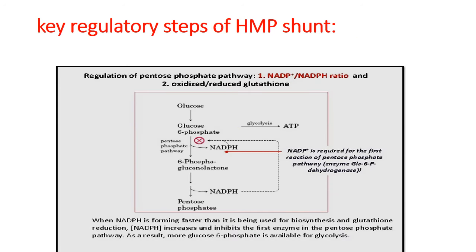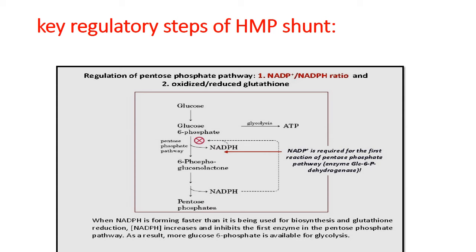Now the key regulatory step of HMP shunt. The key regulatory enzyme of the HMP shunt or pentose phosphate pathway is glucose 6-phosphate dehydrogenase, and this enzyme is regulated by the NADP plus to NADPH ratio and the oxidized or reduced glutathione.